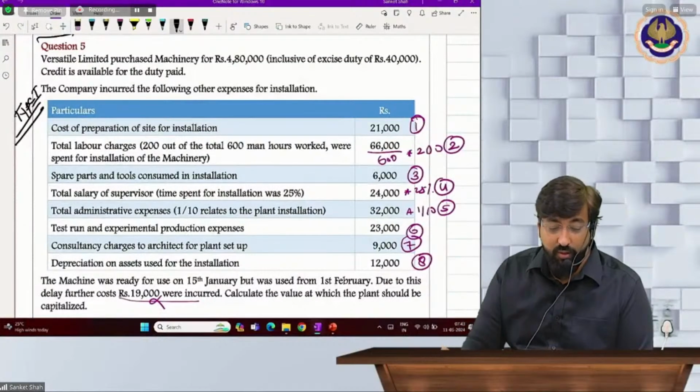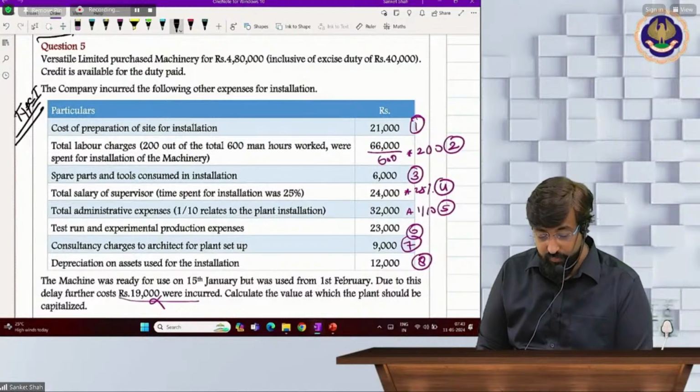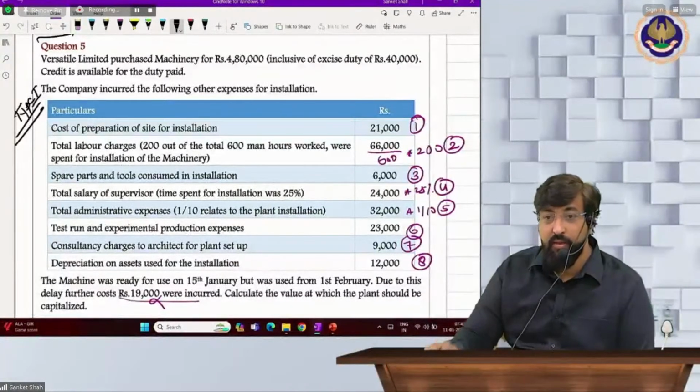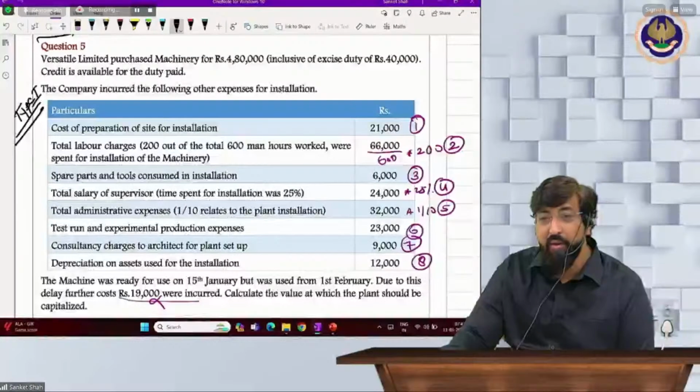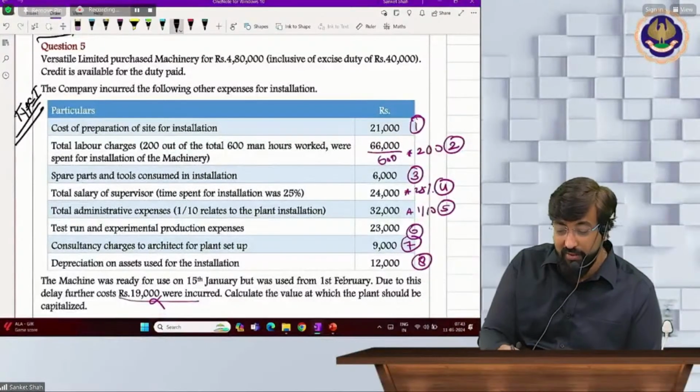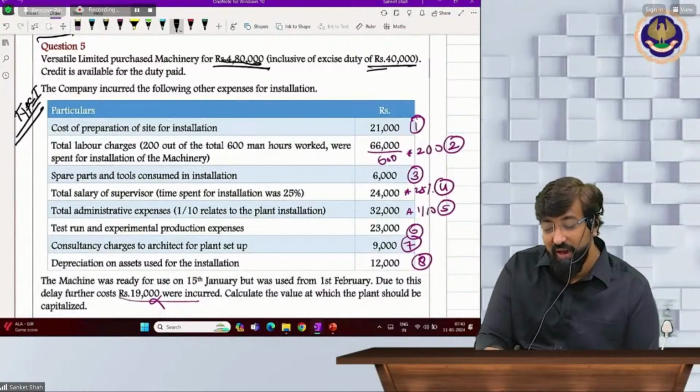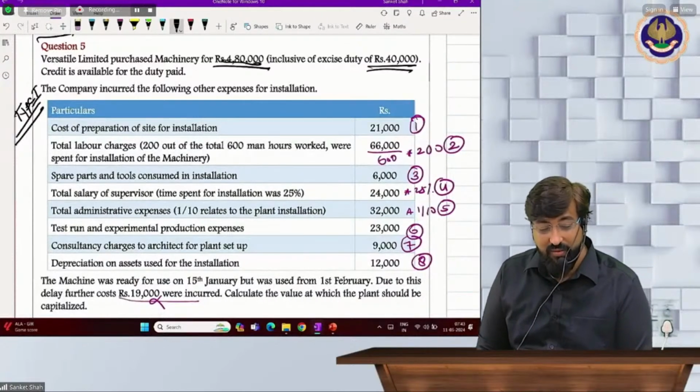Satya got the correct answer. Vedant, wrong. Priyanka, you are not looking at the expense. How are you getting 1,02,200 if the asset is costing 4,80,000 and inclusive of excise duty? Now there is no excise actually here that we want to consider.